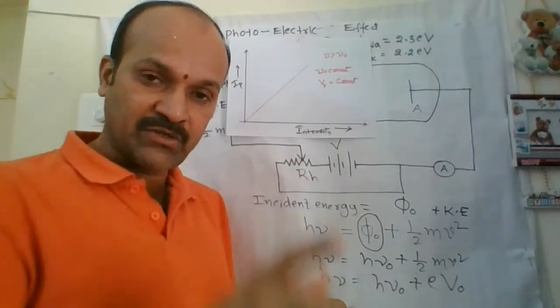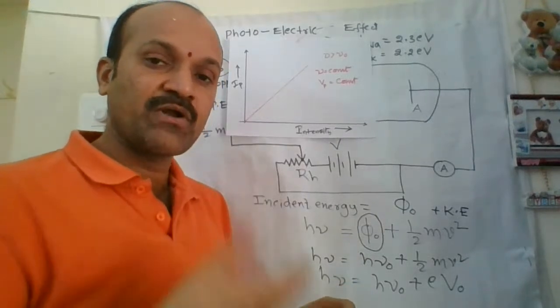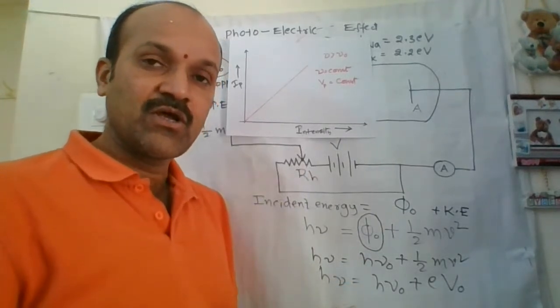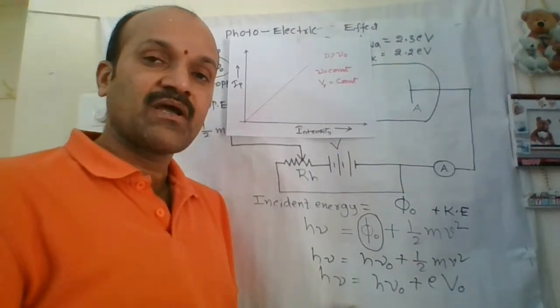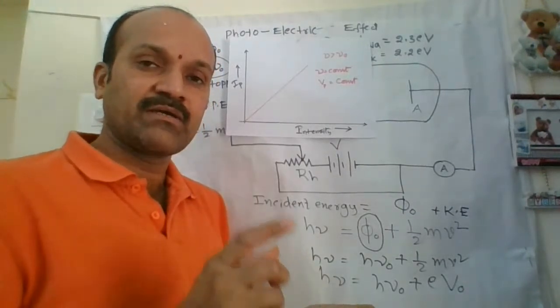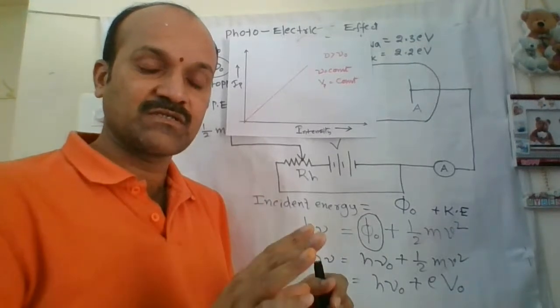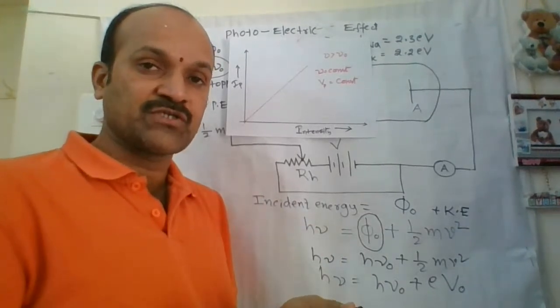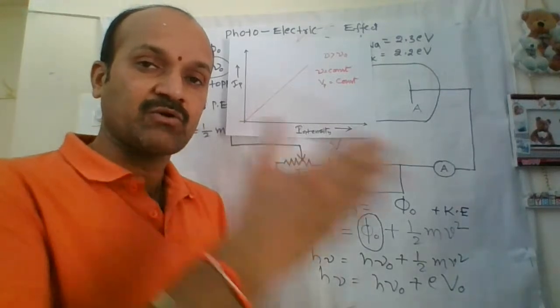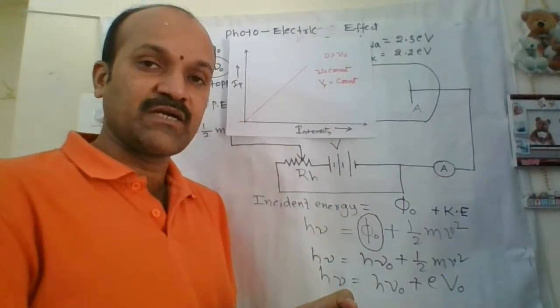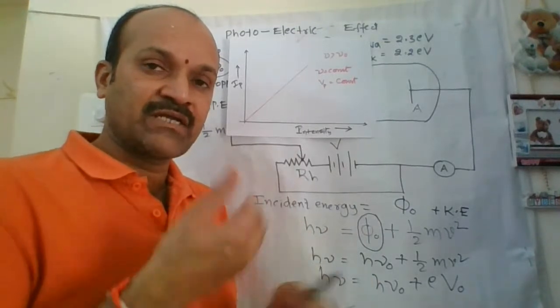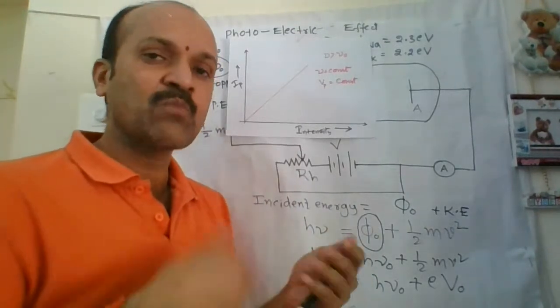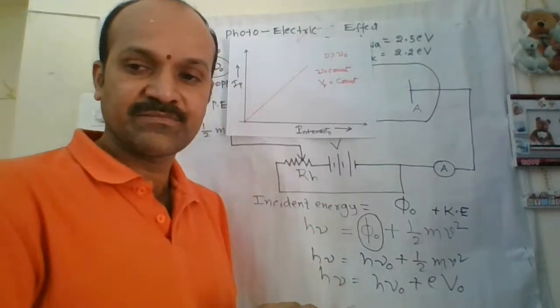Because you are applying a proper, constant, higher potential difference, the emitted electrons will reach the opposite electrode. So as you increase the intensity, more electrons are emitted.